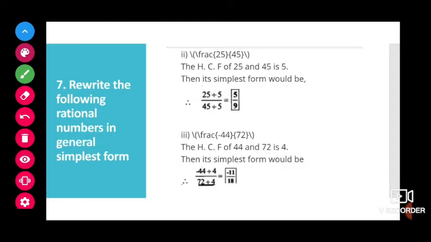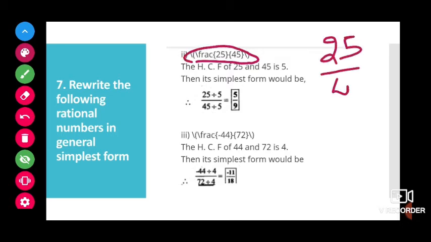Next one, rewrite the following rational numbers in their simplest form. Simplest form means cancellation, or else we take the highest common factor and cancel. The first one is 25 by 45.